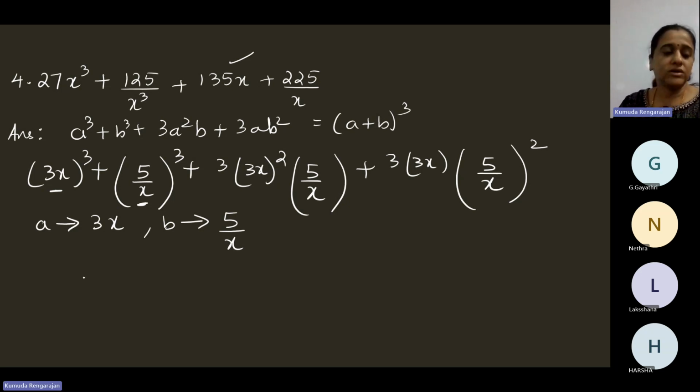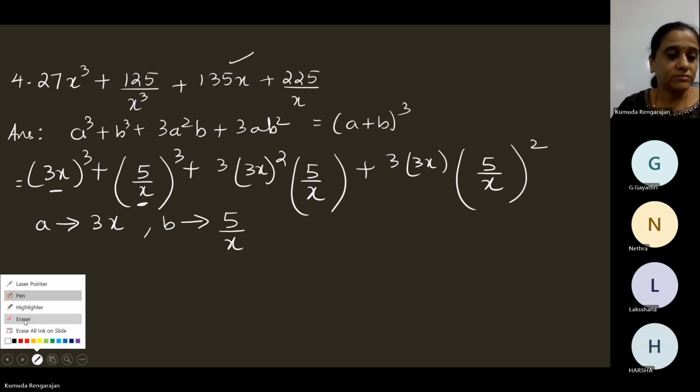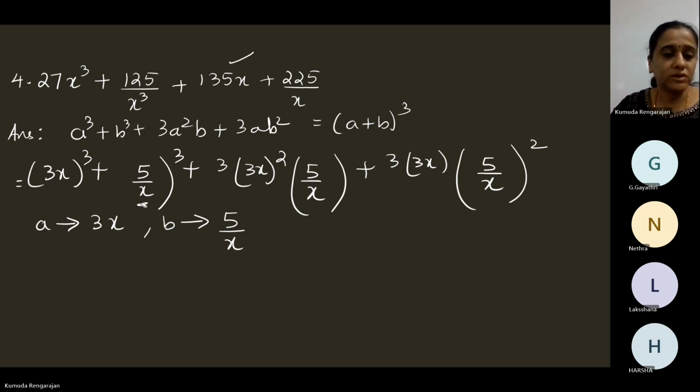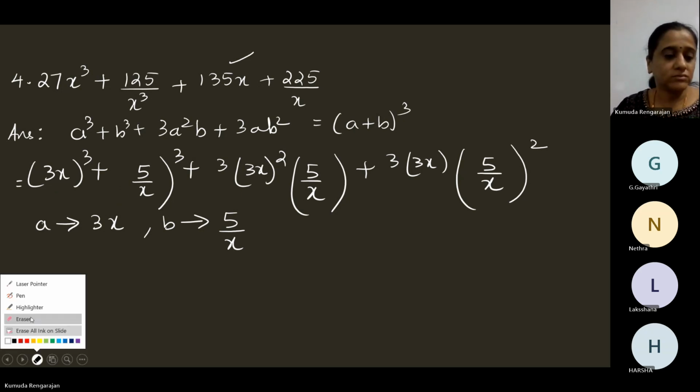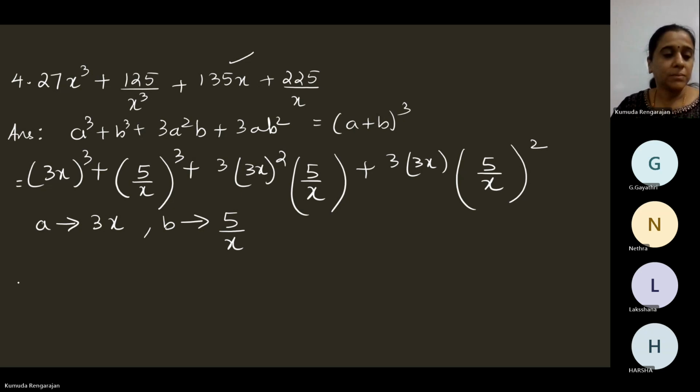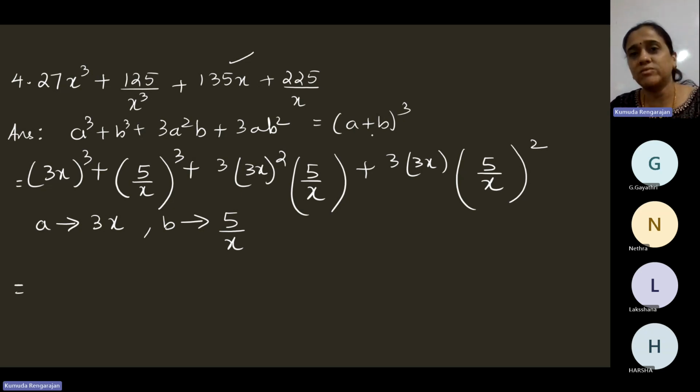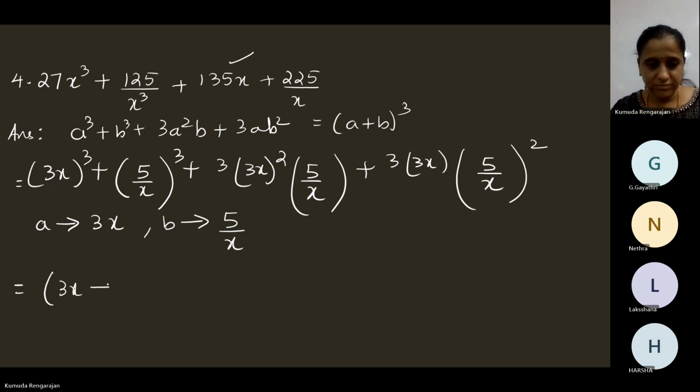Okay, so now, what's the answer? A plus B the whole cube. We have done all the verification and we are successful there. So the answer is A plus B the whole cube.